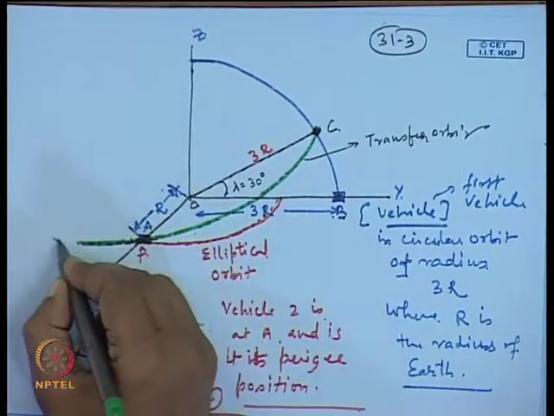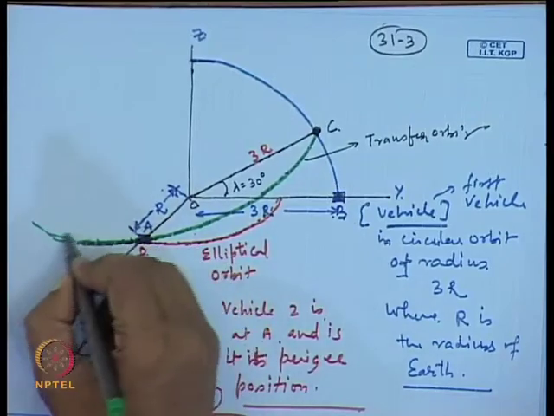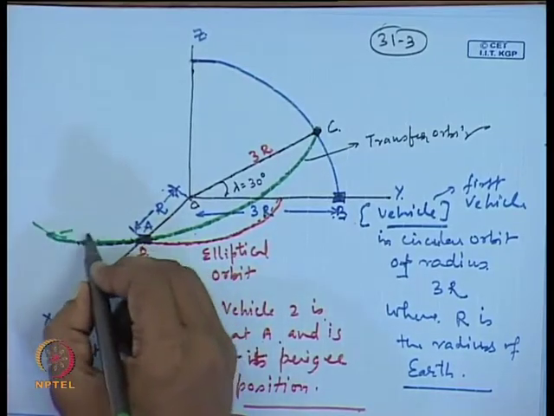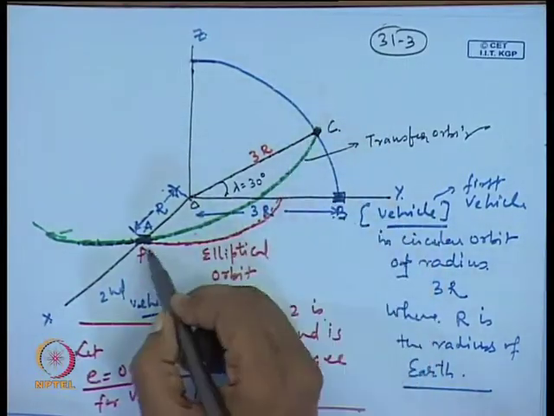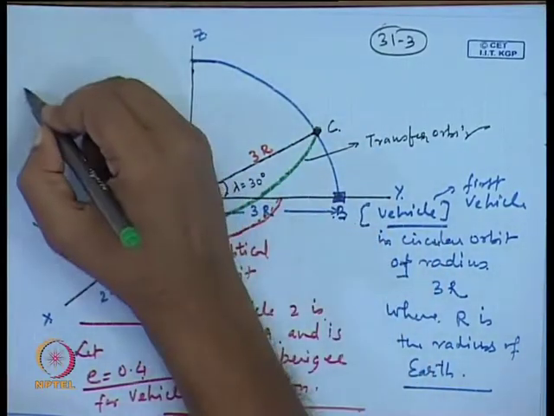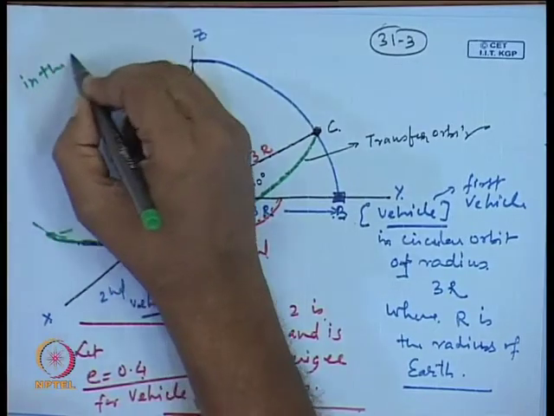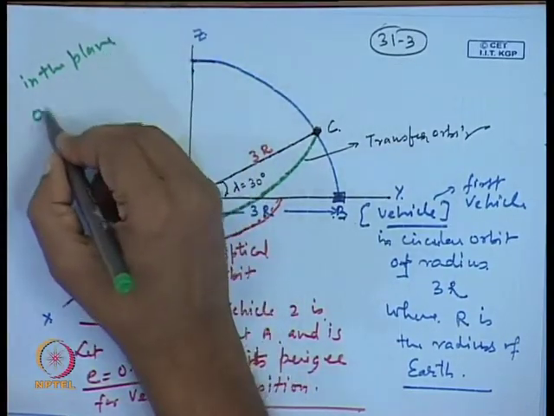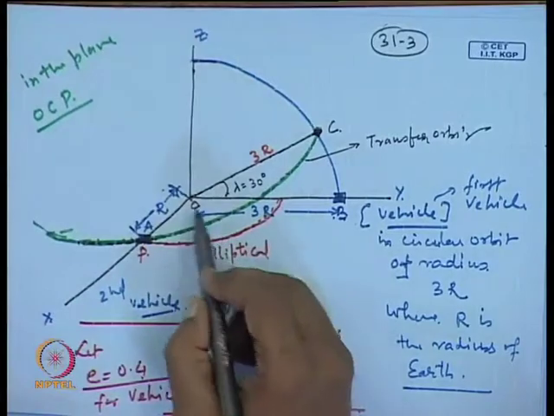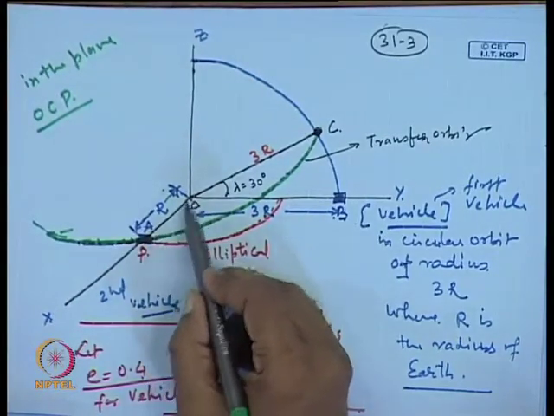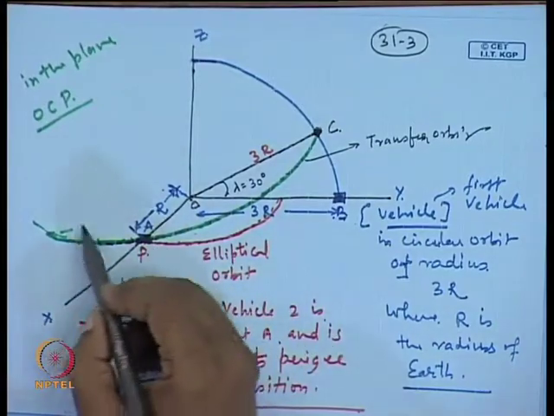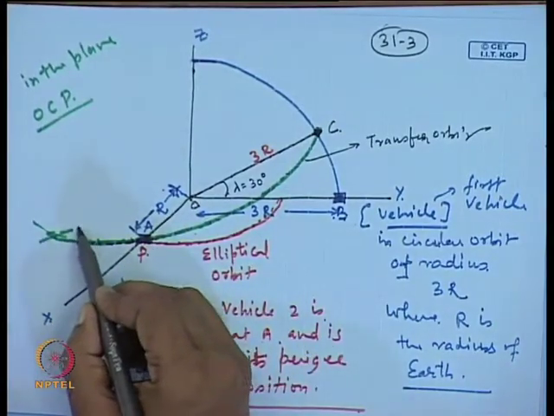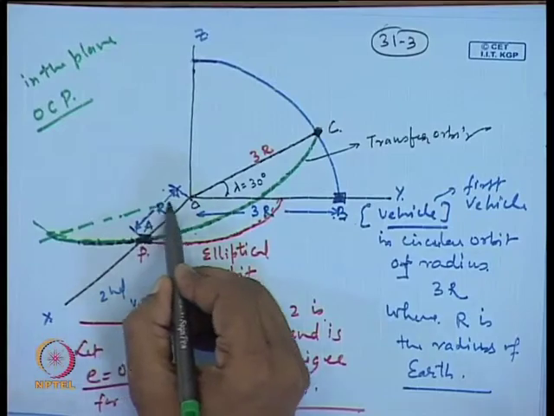let us assume, as earlier we have done, in the plane OCP, which is given by OC and then this trajectory, in this P, somewhere the perigee of the transfer orbit lies.